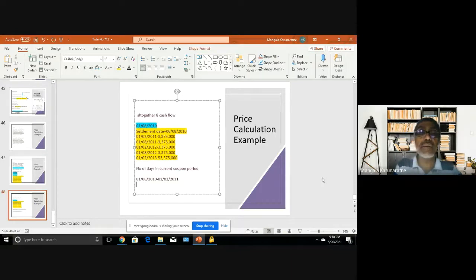Now this bond was issued on the 1st, right? 1st of August. So you have August, then you get September, that is for 2010.